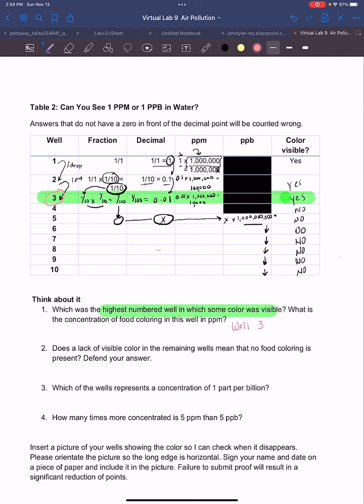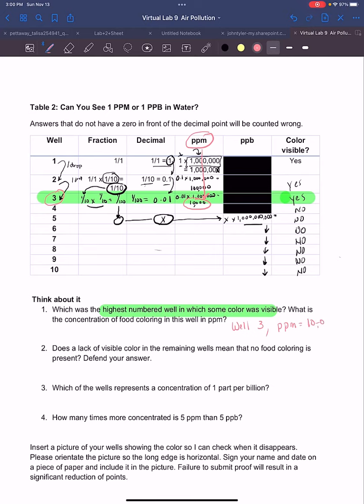And then, what is the concentration of food coloring in parts per million? Well, you find the concentration in parts per million, and you read down until you intersect.